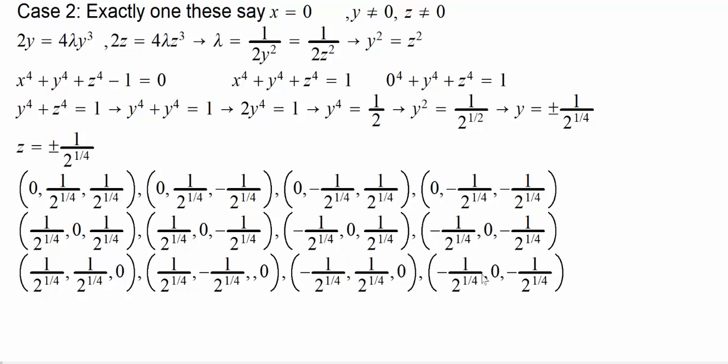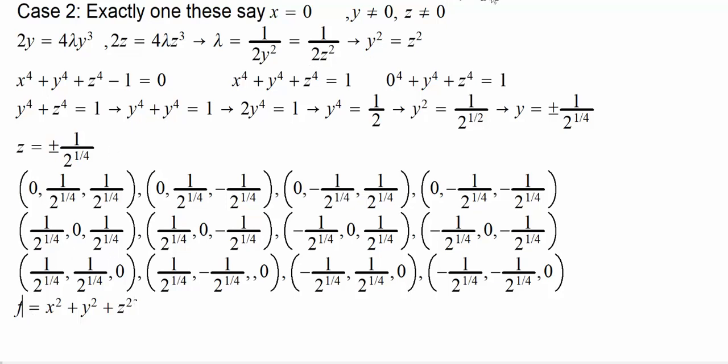So say, for instance, we have to look at the values of the function f, which is x square plus y square plus z square, right? And again here we got x, y, z equals that, right?